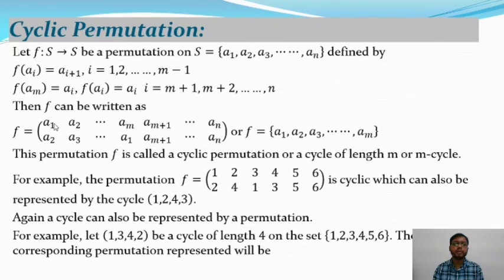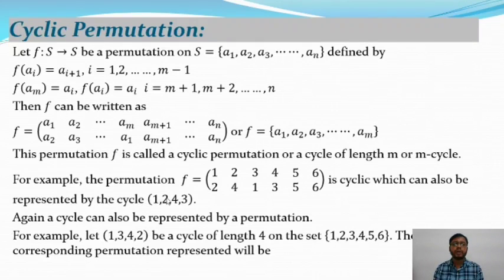That means in this mapping a1 goes to a2, a2 goes to a3, am goes to a1, am plus 1 goes to am plus 1, and up to an goes to an. So F equals (a1 a2 a3 up to am), and this permutation F is called a cyclic permutation or a cycle of length m, or m-cycle. So here there are m distinct elements.